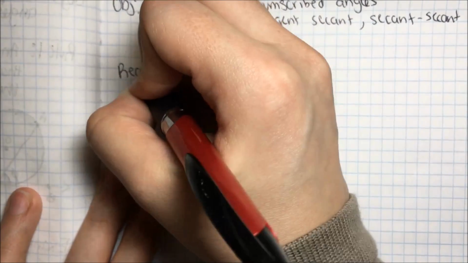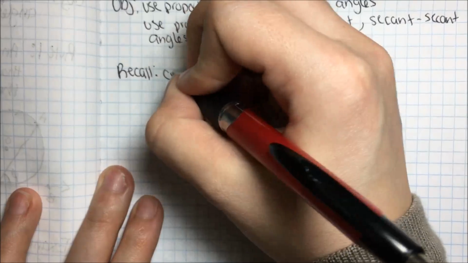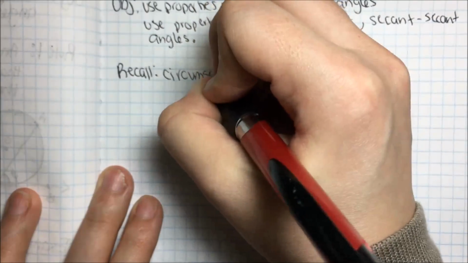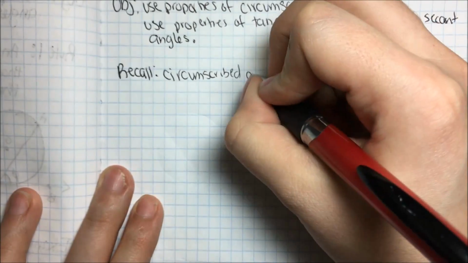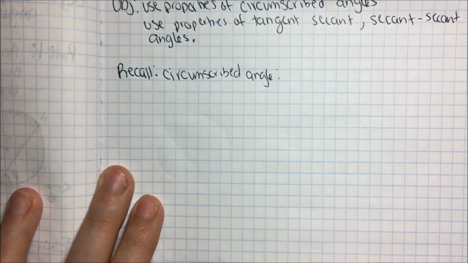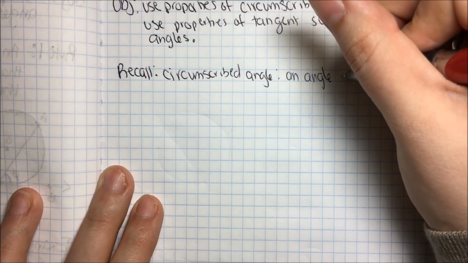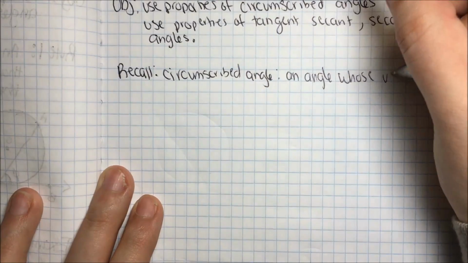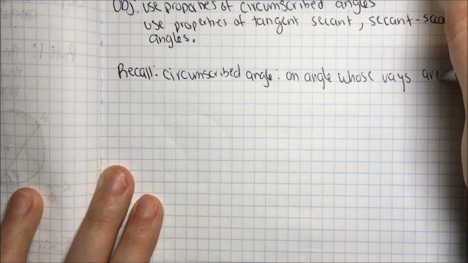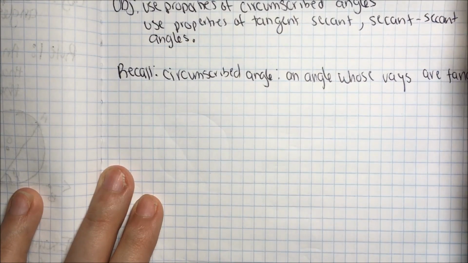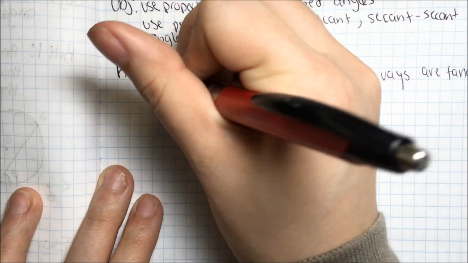So we want to recall what a circumscribed angle is. It's an angle whose rays are tangent to the circle.